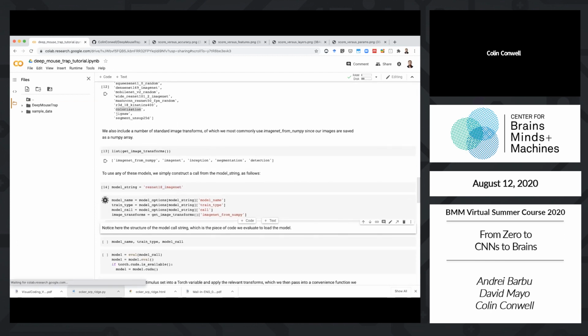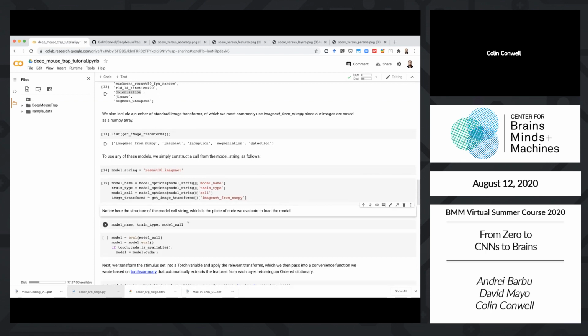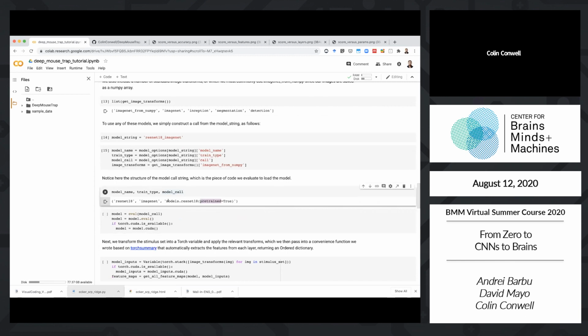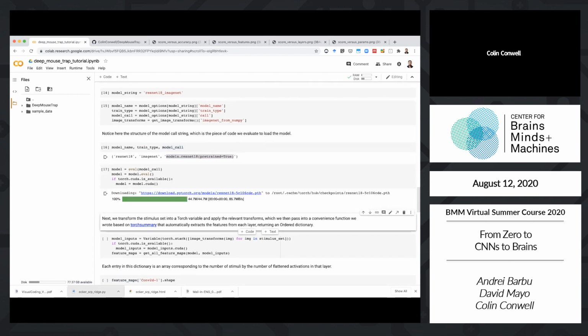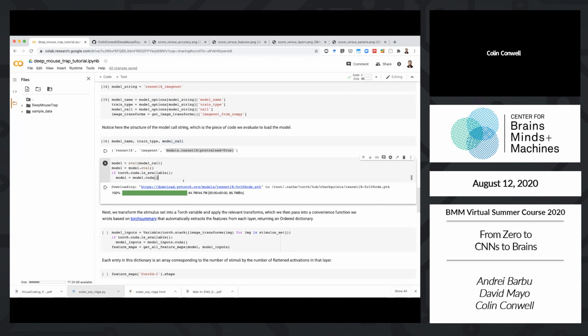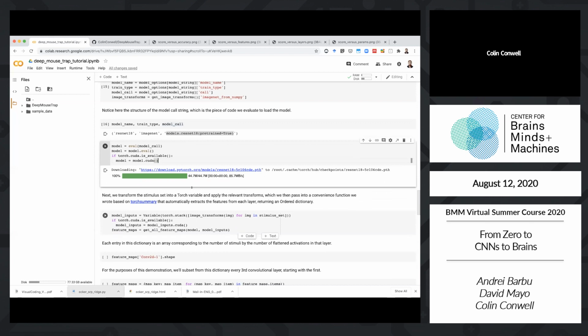And we're going to extract some information from this model, including a command that we can then pass to the Python interpreter in order to give us our pre-trained ResNet 18 model, and then we'll load that model accordingly. If you are operating on a GPU, this will put the model on the GPU. If you're not operating on a GPU, this will not put the model on the GPU.